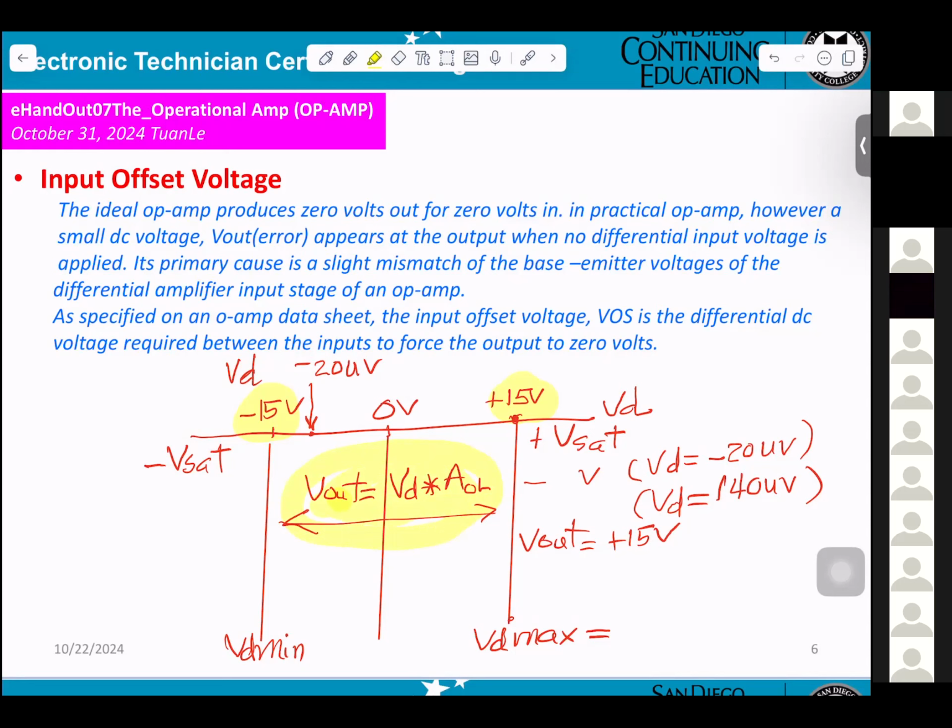If any V out you calculate is higher than saturation, it will be on this side or on that side, depending on whether V out is higher than 15 or less than minus 15. Then it is saturated.